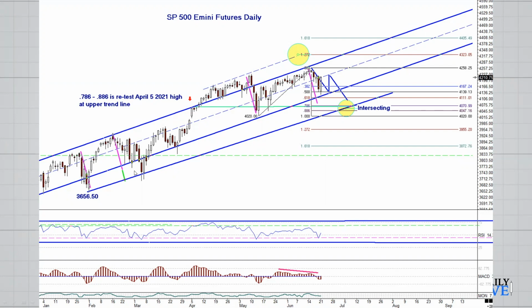Now, these pink lines that I have drawn in here are just showing similar swing sizes to the downside that have been occurring on corrections.